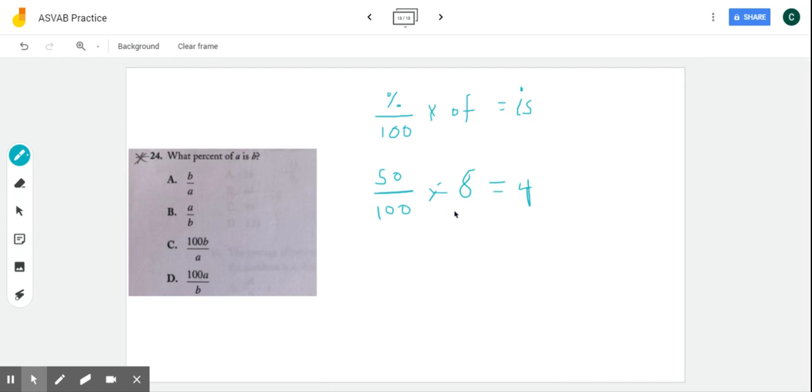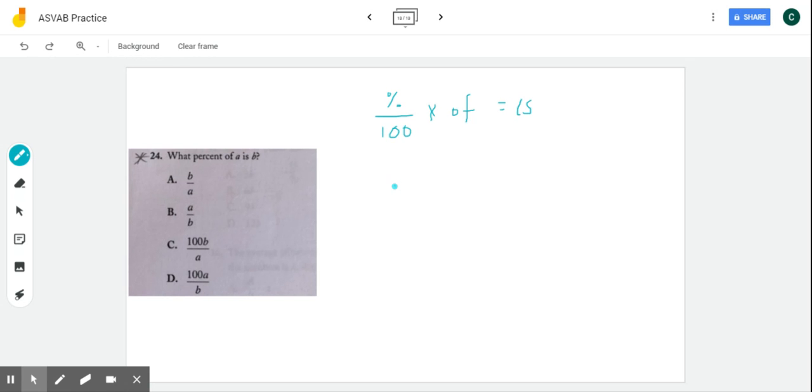In this case, we have the percent over 100. The eraser's a little wonky. So instead of 8 and 4 or whatever, they're asking us in terms of A and B. So let's go ahead and plug in those numbers.